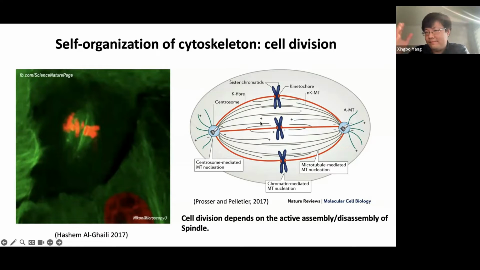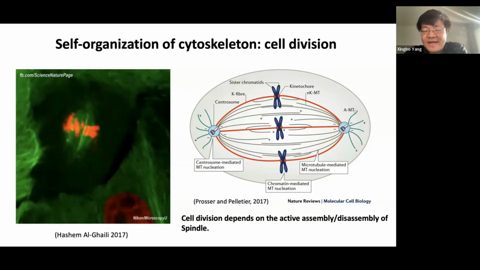And actually, it's more complex than this. The nucleation is happening all over the place throughout the spindle. There are also a lot of motor proteins moving around, like the kinesin I've shown before. There's also dynein, other motors, and they are acting collectively to slide microtubules apart and to generate the force, for example, to eventually segregate the chromosomes.